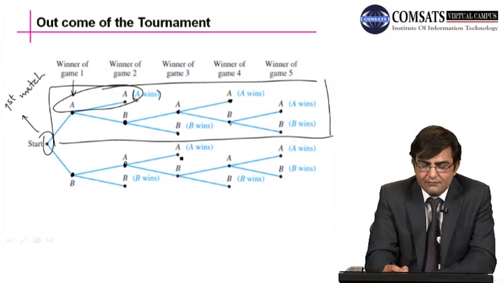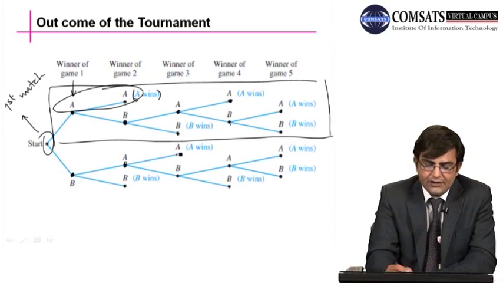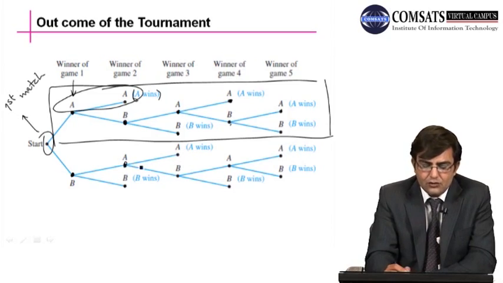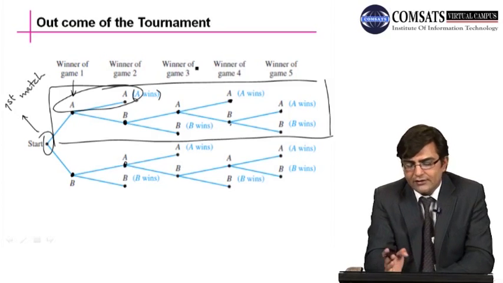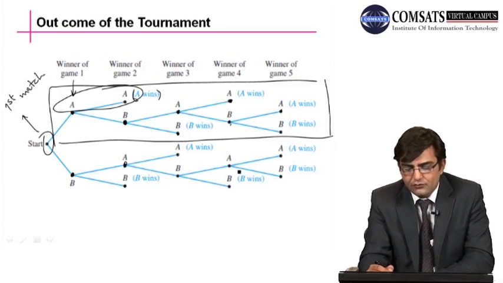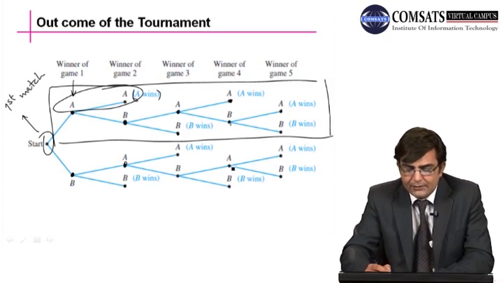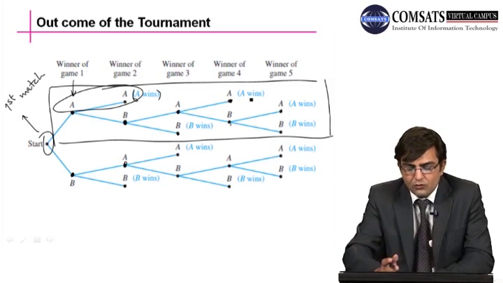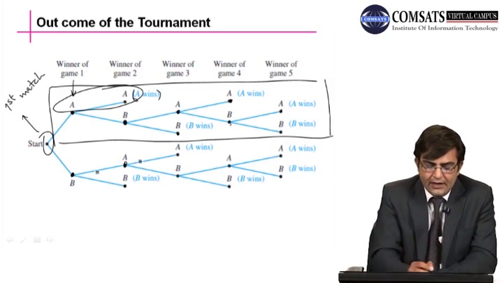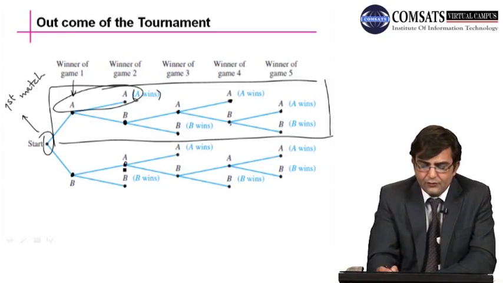If A wins the third game, then A is the winner because A has won in a row 2 games. Then the tournament stops here. We do not move further. If B wins, then we move further. They play another game. If A wins, we can move further, because until here A has won the second and fourth games.